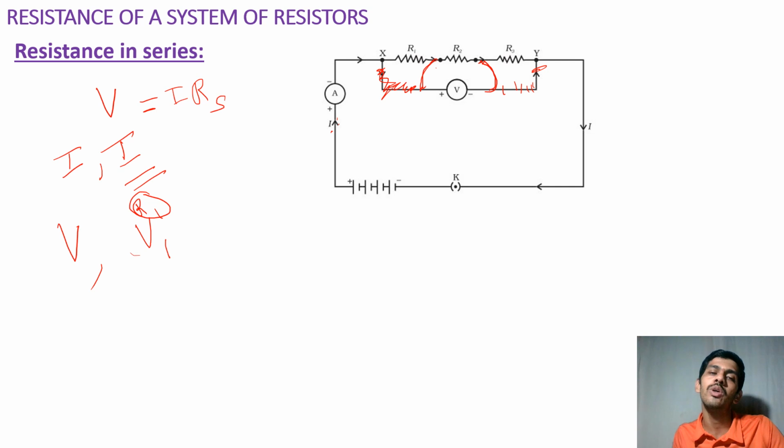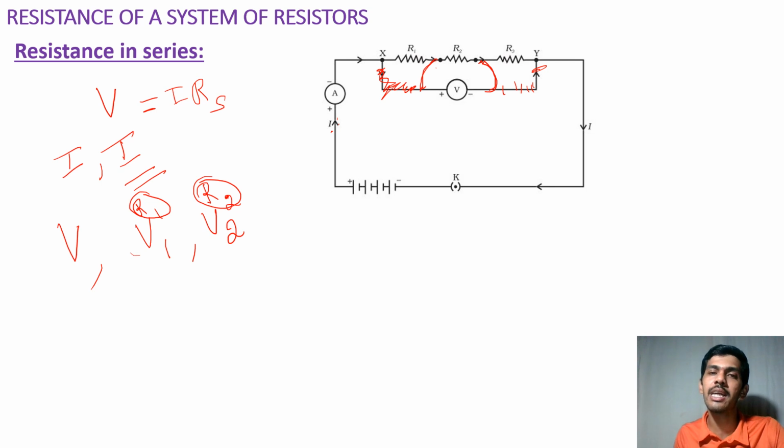Now I get another value, V2, which is not equal to V1 or to V. When I place the voltmeter across R2, I get a value equal to V2. I note that value down as V2.